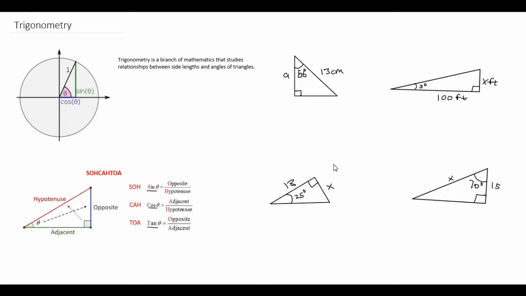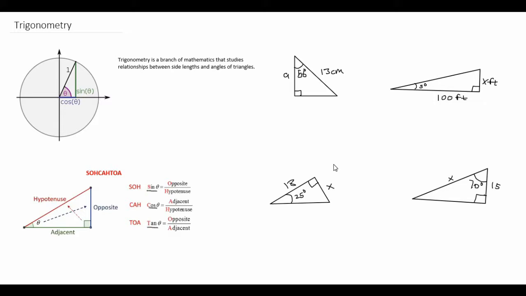So SOHCAHTOA. In the first example, you are given two values and are asked to find the value of A here. So how do you figure this answer out? Okay, so what you need to do is first to identify which function you need to use for this. Here they give you the angle, and then they give you 13. So what is the relationship between those three?